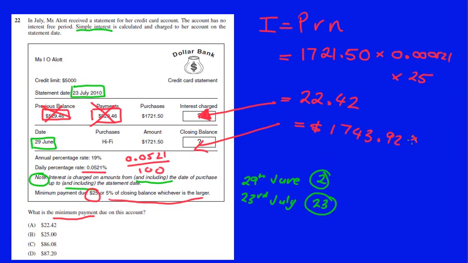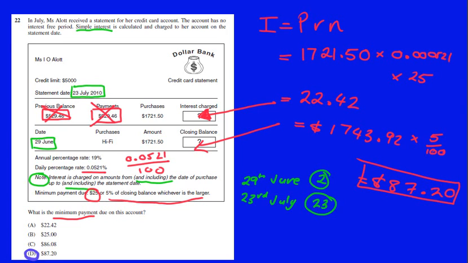I need to find 5% of that. So either times it by 5 over 100 or times it by 0.05. That will give me 5%, which gives me a total answer there of $87.20. So because that is bigger than the $25, that then becomes my minimum monthly payment, which you can see in this question is the answer to D.